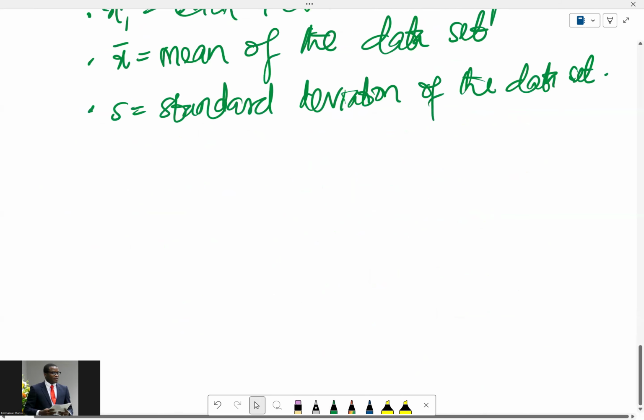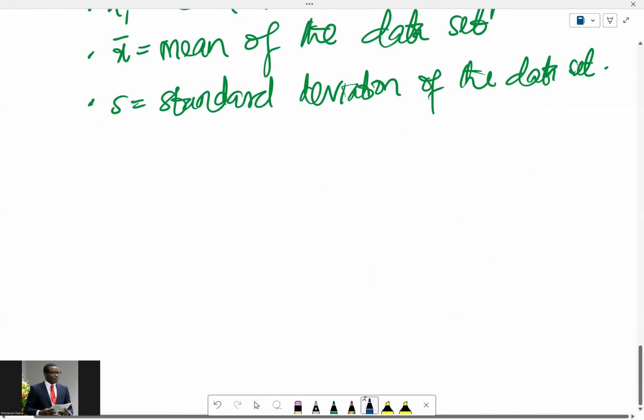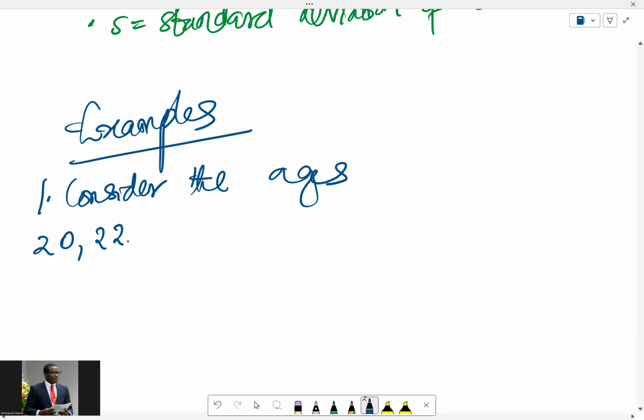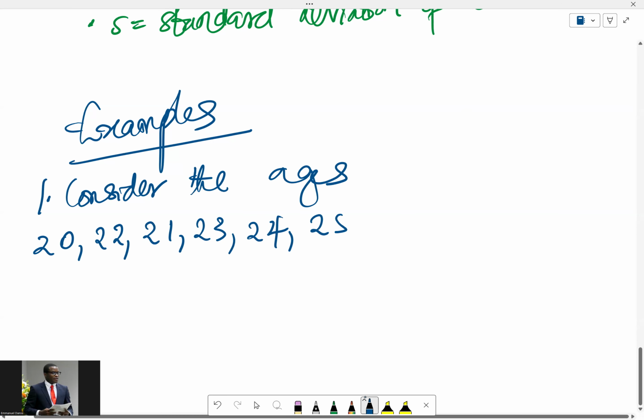All right, so let's look at some examples. So first one, consider the ages. We'll call it example one. Consider the ages 20, 22, 21, 23, 24, 25, 26, 30, and 40.